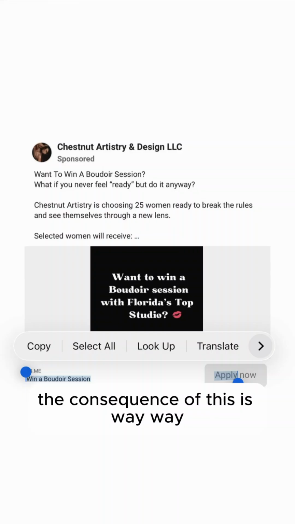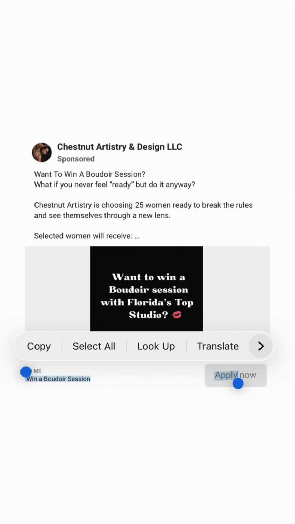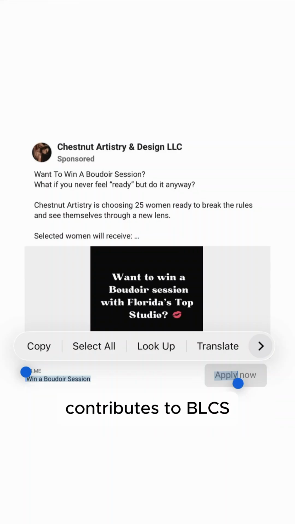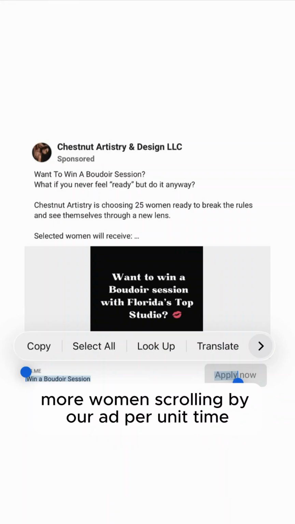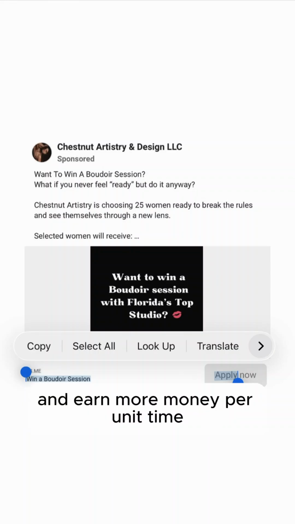The consequence of this is way more women scrolling by our ads than necessary. And as a result, that pulls our unique CTR under 6%, which contributes to BLCS. Facebook's happy though: more women scrolling by our ad per unit time means Facebook can serve more ads per unit time and earn more money per unit time.